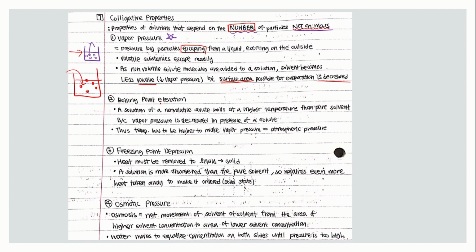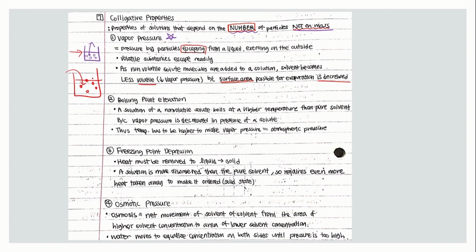Next is the boiling point elevation. It's when a solution of a non-volatile solute boils at a higher temperature than the pure solvent, because vapor pressure is decreased in the presence of a solute. If non-volatile solutes are added, as I just said, vapor pressure will decrease.